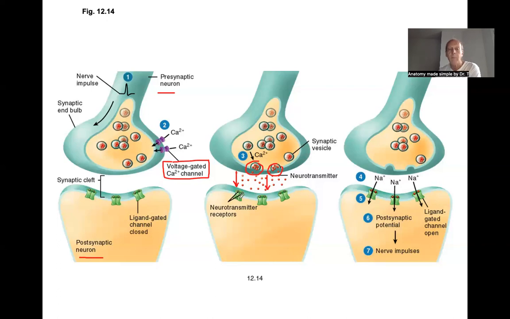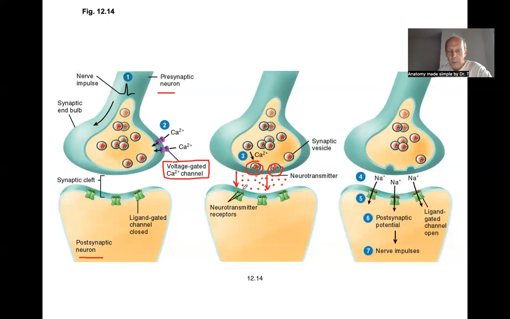And here we have at the postsynaptic cell proteins that are not electrically gated, proteins that are chemically gated or ligand gated. Each of these protein channels have receptors on its extracellular fluid compartment side, ready to bind the neurotransmitter.